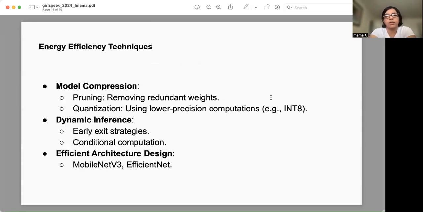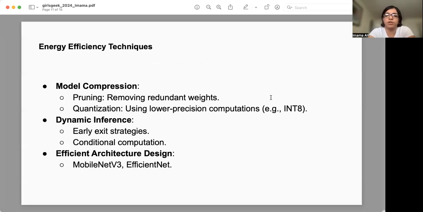So there are a few energy efficiency techniques that people use that I've talked about before, which is model compression, using pruning and quantization, and there is dynamic inference where you can stop the inference at a certain point and use that as a result.